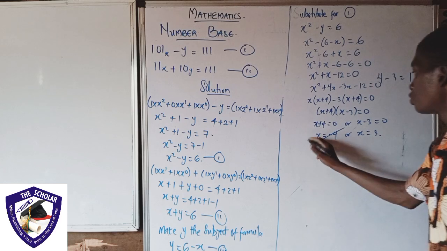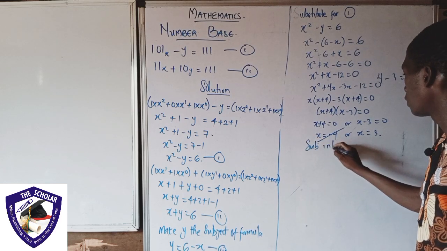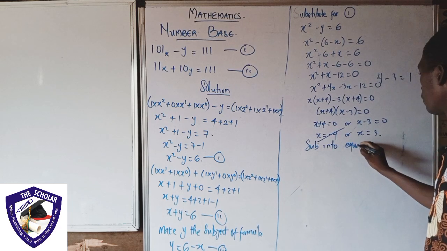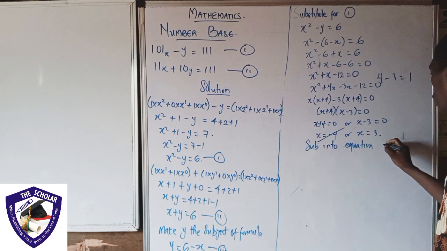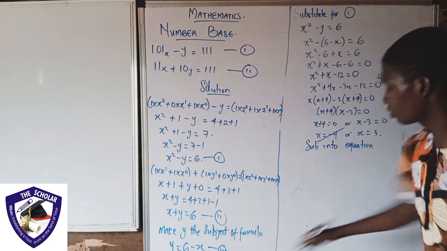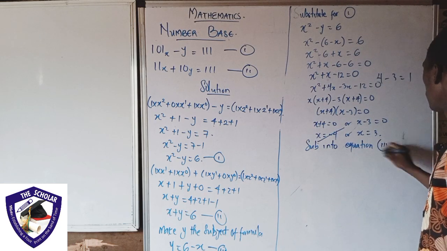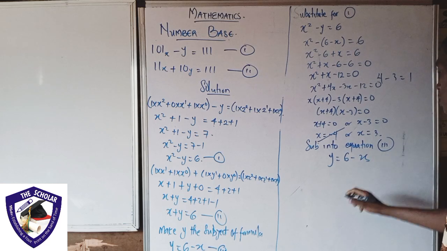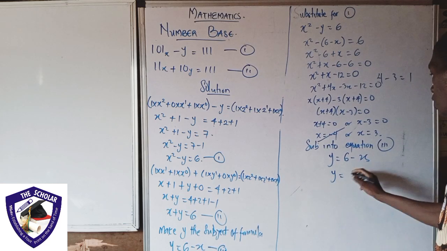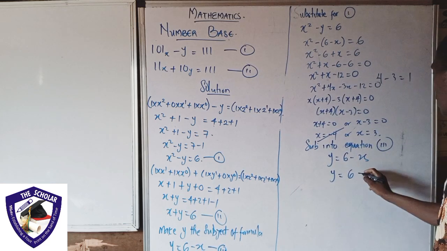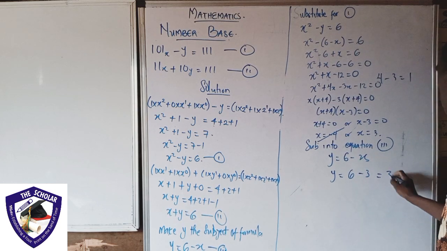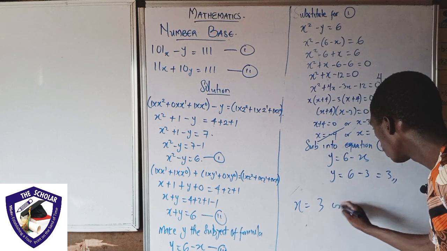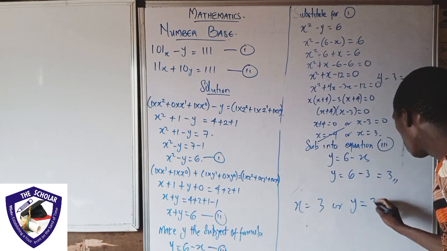So we now substitute into my equation 3 so as to find my y. Since y equals 6 minus x, I have y equals 6 minus 3, which is 3. So therefore x equals 3 and y equals 3.